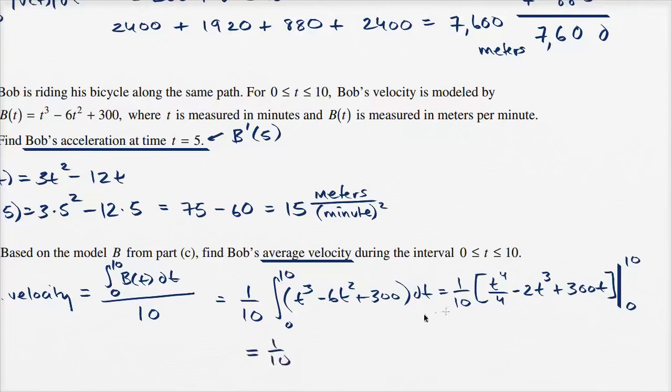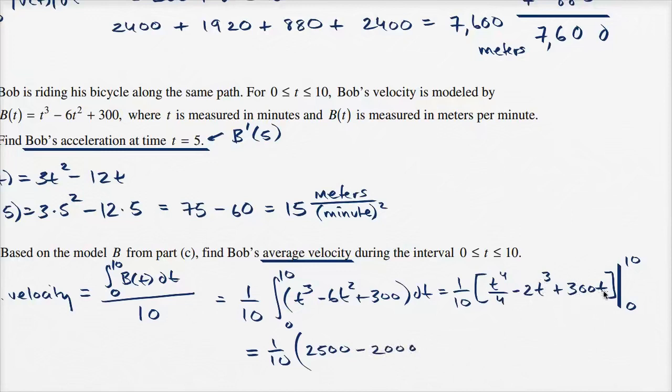And so this is going to be equal to 1/10, that same 1/10 there. And when you evaluate all of this at 10, what are we going to get? 10⁴ is 10,000, divided by 4 is 2,500. And then minus 2 times 10³, so 2 times 1,000, so minus 2,000.